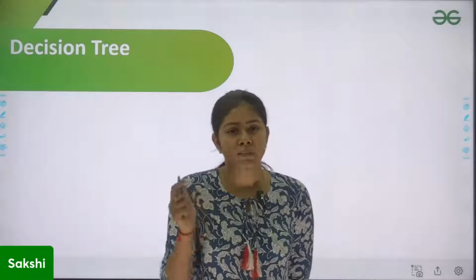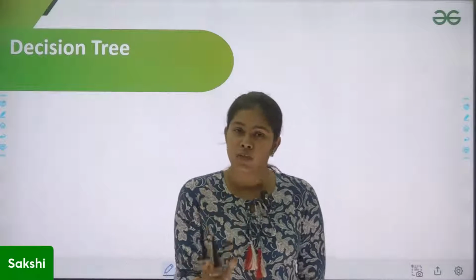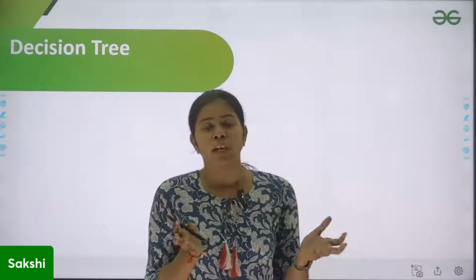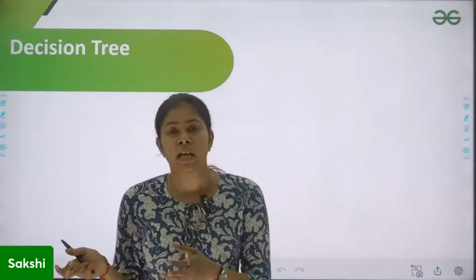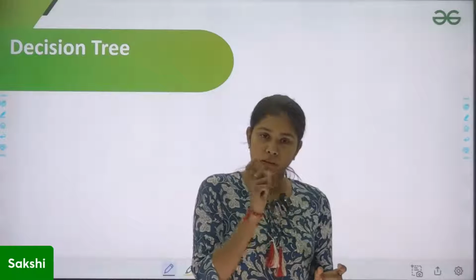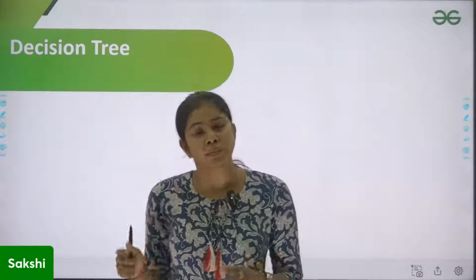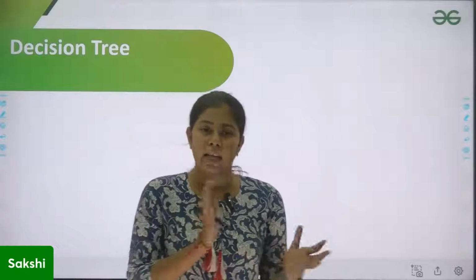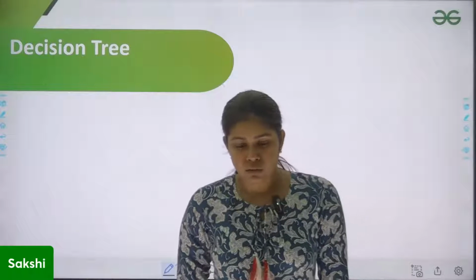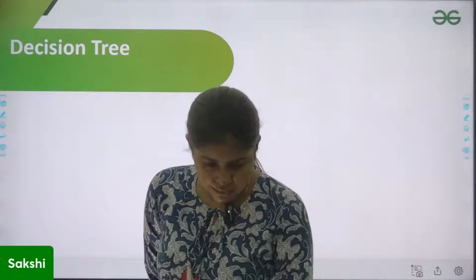If I'm taking a split, I'll use information gain for that, and I'm going to find information gain using entropy. If we have two splits, I'll find the information gain in each split, and the split which has the maximum information gain, I'll take into consideration for my decision tree, right? If that's clear, just let me know.